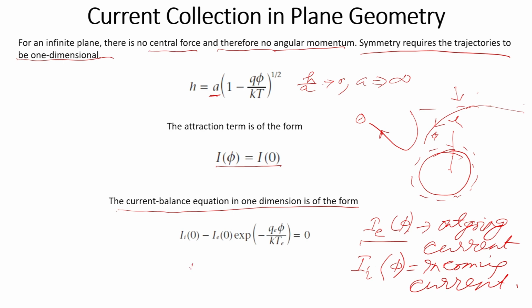In that case, I phi minus I e phi will be 0.